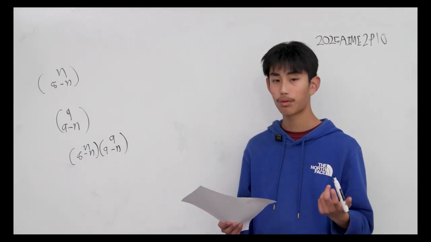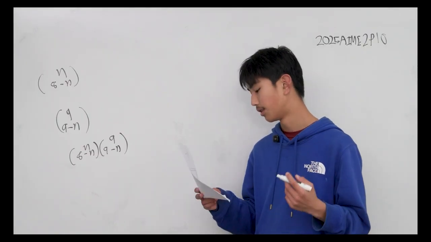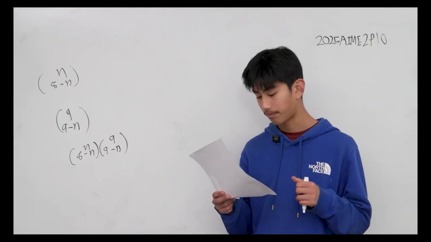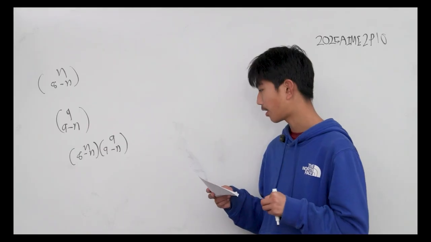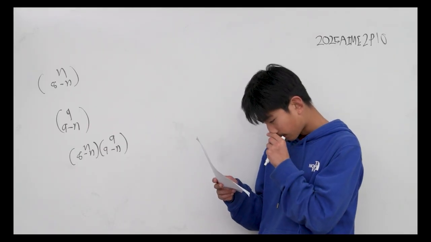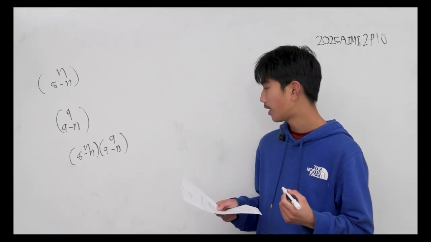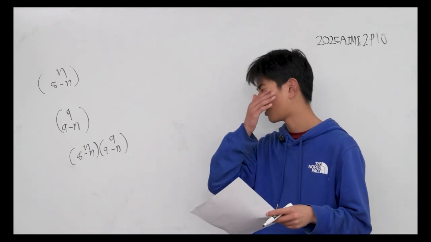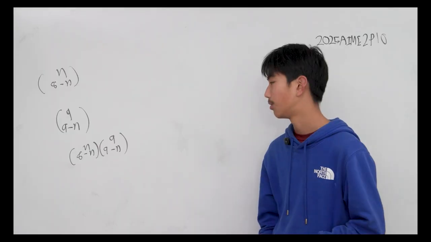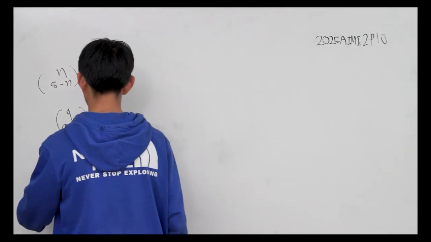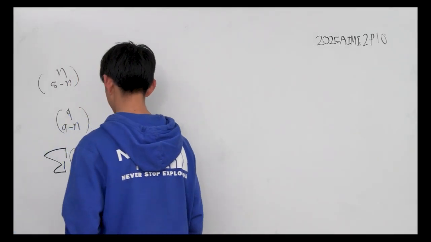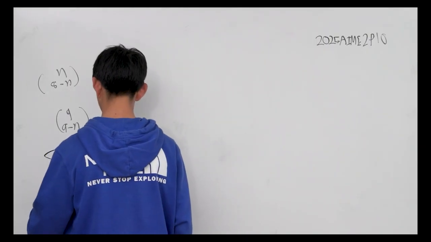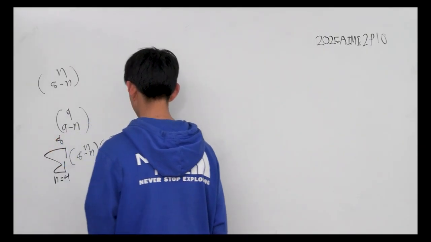So how would we do this? We want to find specifically the sum where there are 8 pairs. We want to find the sum where lowest number of pairs is 8, max is 16. So what we can do is we do sigma notation. This is n starting at 4 and ending at 8.